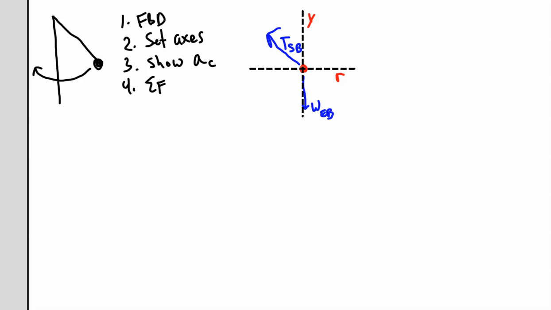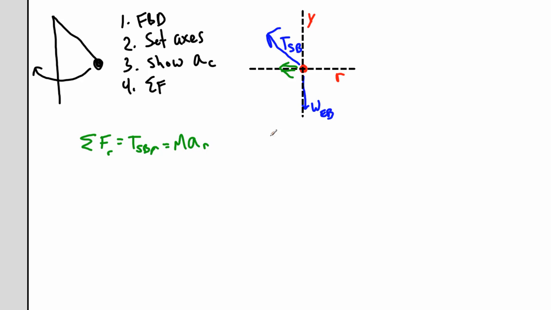All right, now the centripetal acceleration, or the center-directed acceleration, is directed this way, in toward the center of the circle. And the net force equation looks like this. Along the radial axis, you have tension, string on ball, and that's the only force along the radial axis, so that should equal MAR, or MAC if you prefer.